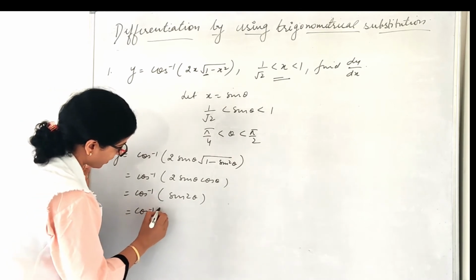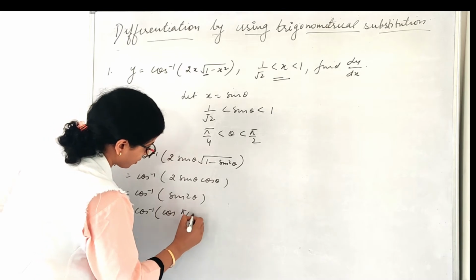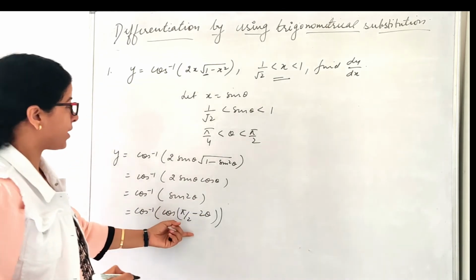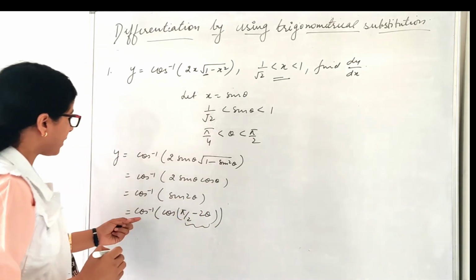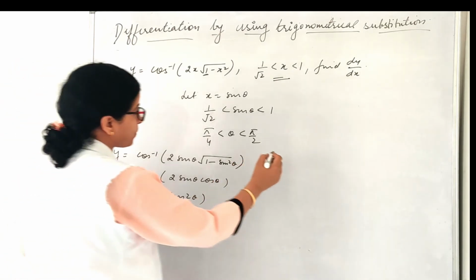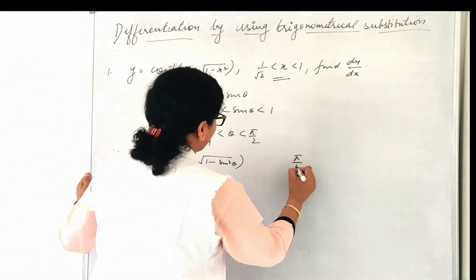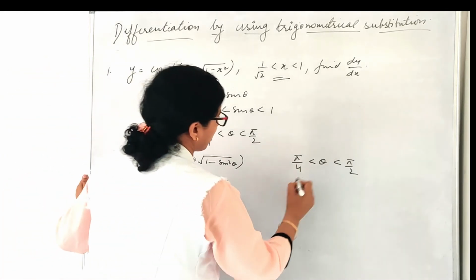Now I can change my sine 2 theta into cos 2 theta, so it will become cos of pi by 2 minus 2 theta. Now we have to check in which interval this angle will lie, then only I can write cos inverse of cos as what, right? So let us check this part. So my pi by 4 < theta < pi by 2. So first of all I need 2 theta. So multiply throughout by 2.